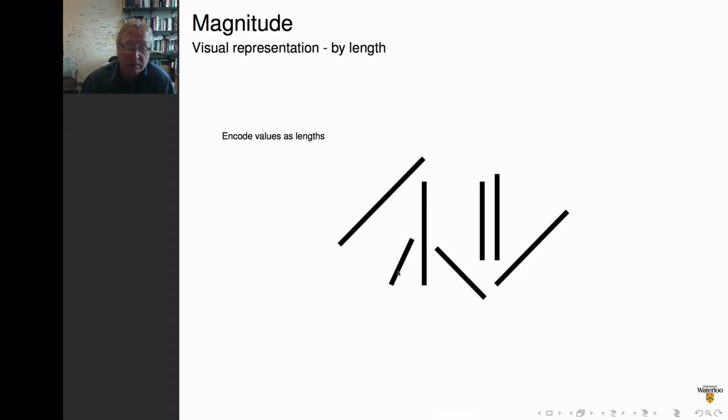If that's length 1, what is this value? Can we decode what that value is knowing that that's 1? And so that's the challenge, encoding the numbers in some line length or length of some object. Can we decode what its actual value is?